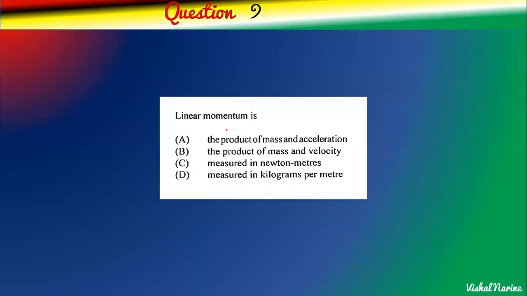So the answer there is that linear momentum is equal to the product of the mass and velocity of an object. Now, if you were asked what the unit was, because the question asks you later on if either of these is correct, it's basically, if mass is in kilograms and velocity is in meters per second, then this here would have been the unit. So this is the unit, and this is basically the formula or the definition.